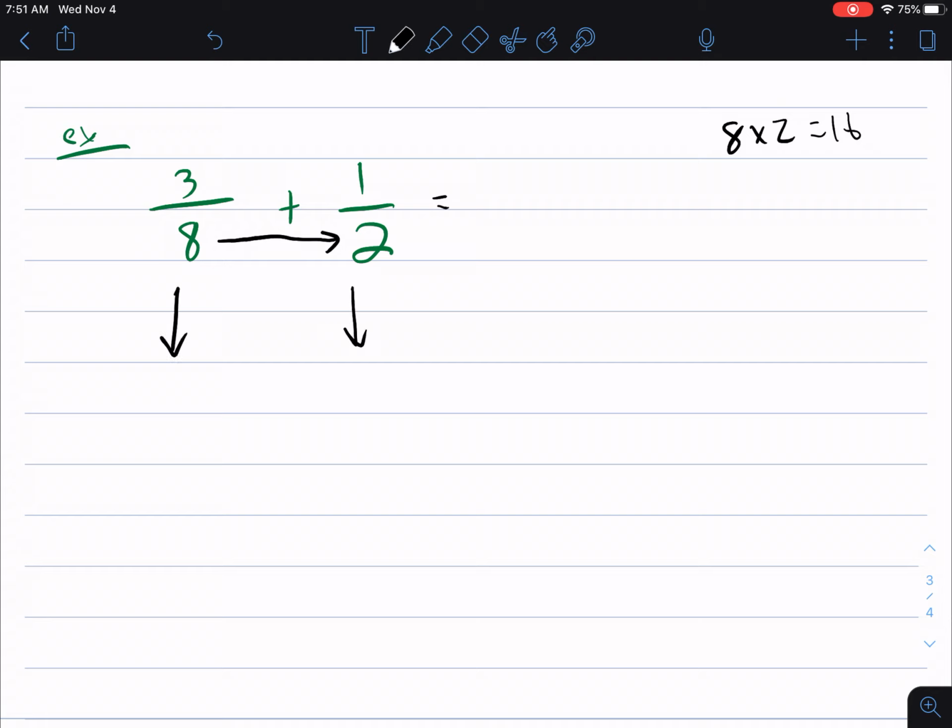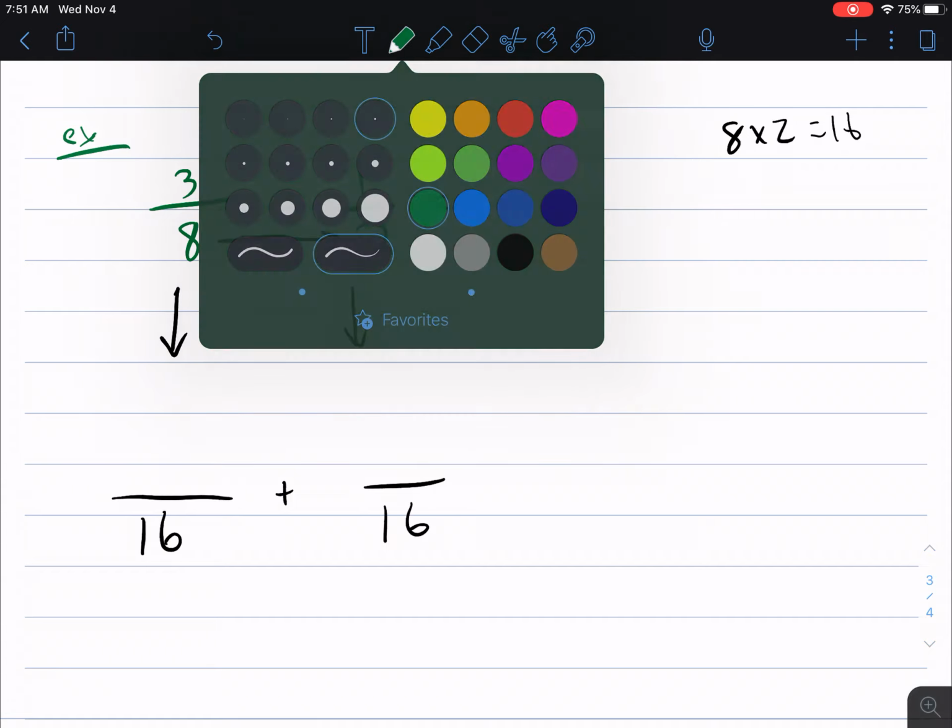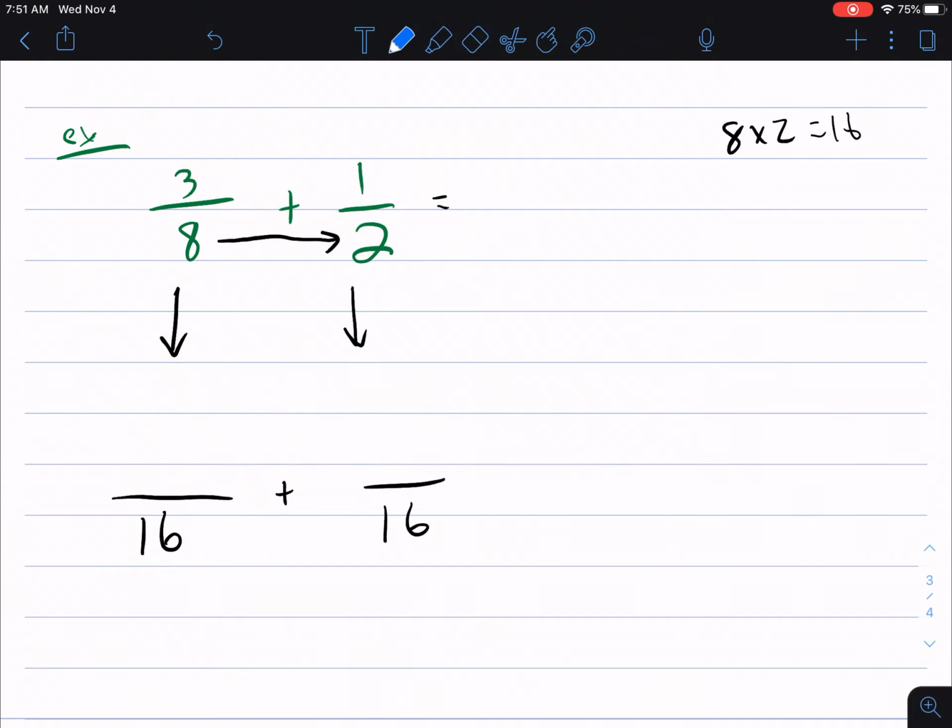So I have new fractions. Next, cross multiply. This is 6 and this is 8. My new fraction is 6 over 16 and 8 over 16.